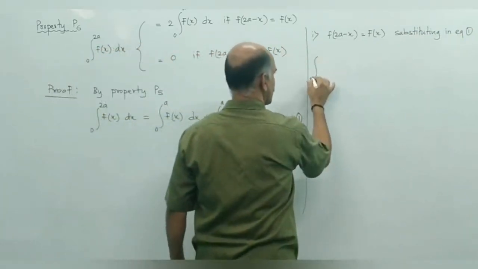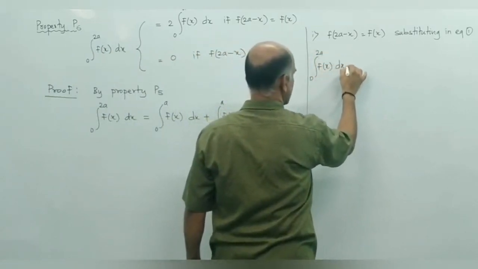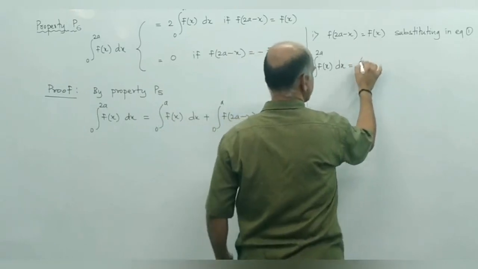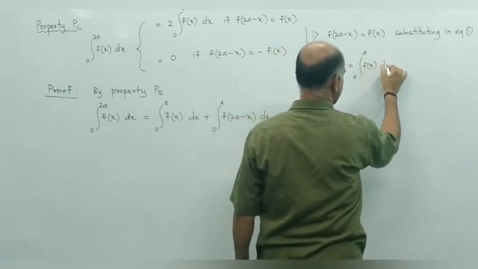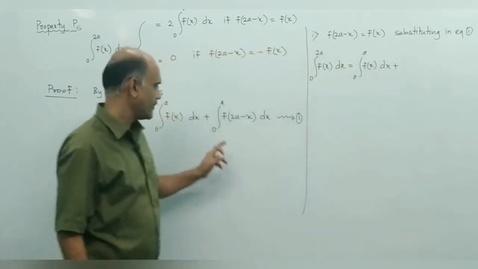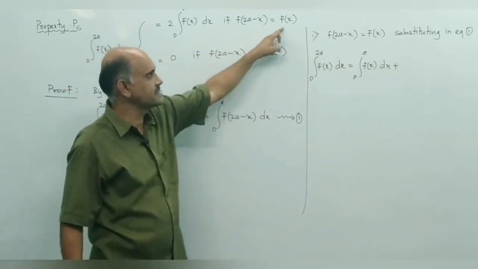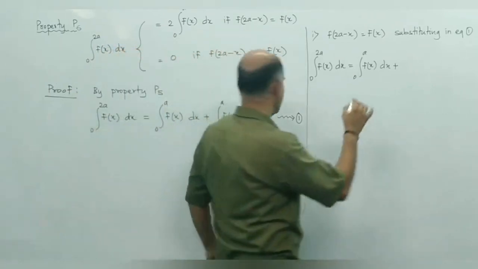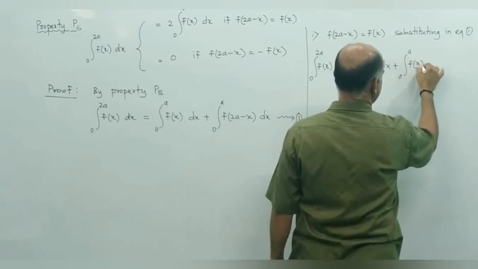So 0 to 2a f of x dx is equal to 0 to a f of x dx plus, now f of 2a minus x is f of x, so plus 0 to a f of x dx. Limits remain the same, only the function changes.